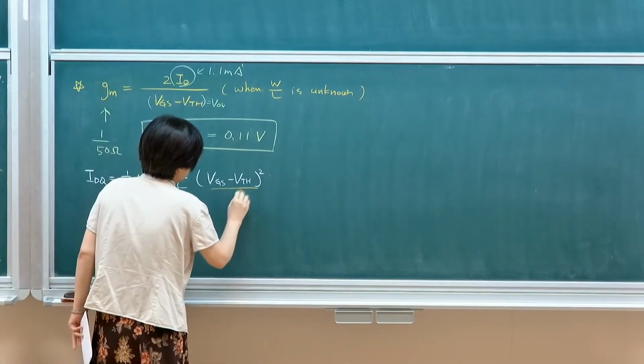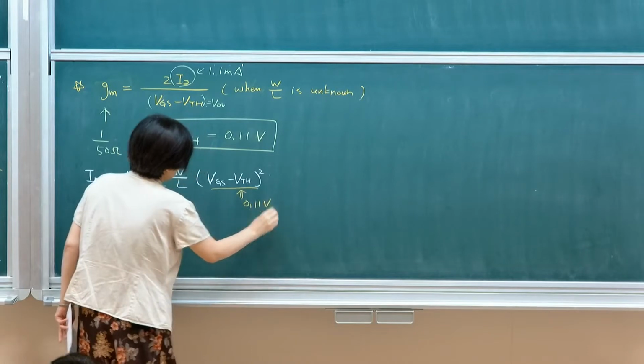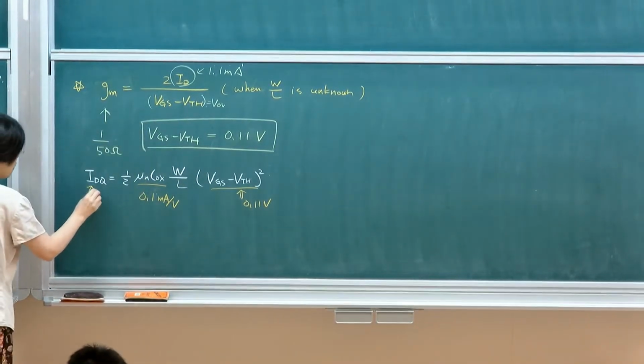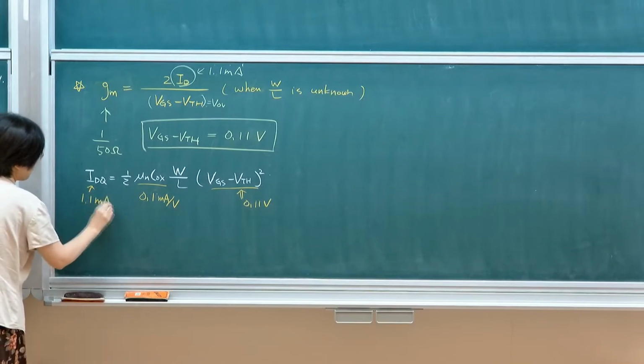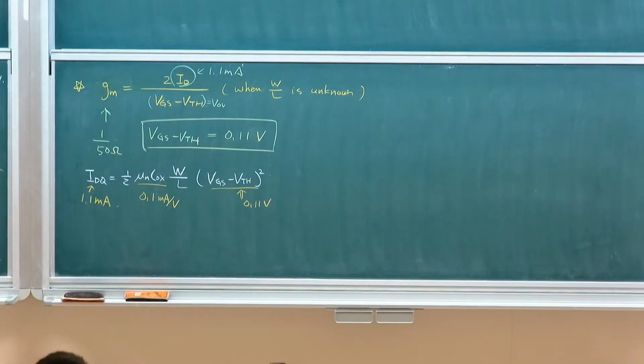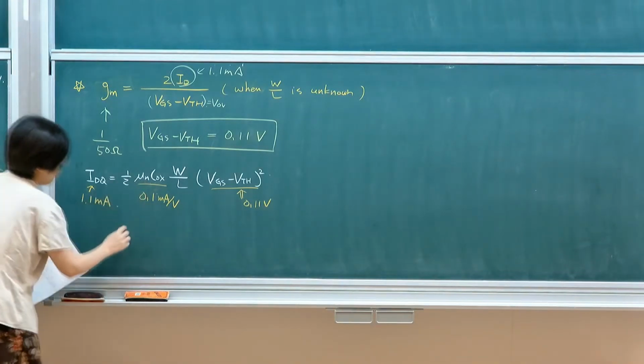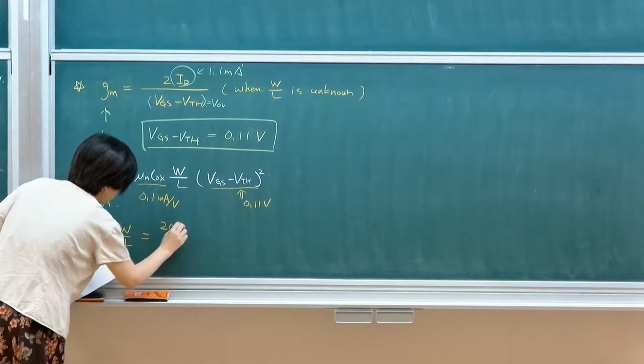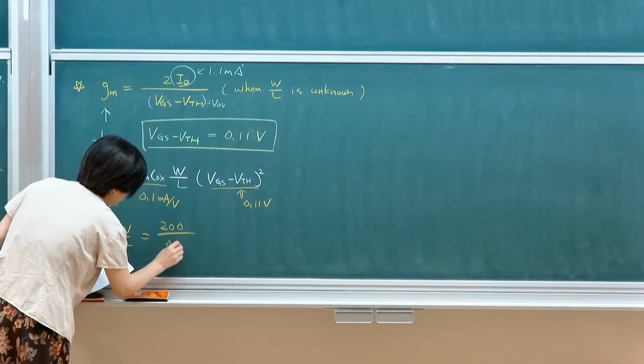This is 0.11 volt. And this is 1.1 milliamp. So it will give you one answer of W over L. Right? This is known, so we can get W over L. The ratio is 200 over 0.11.